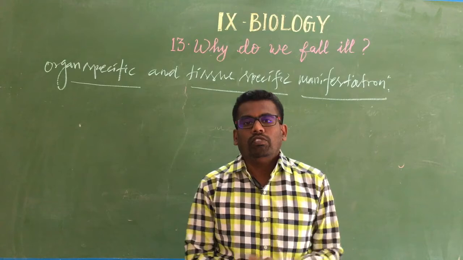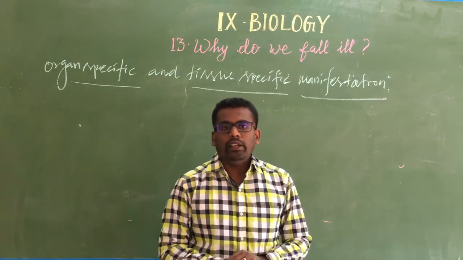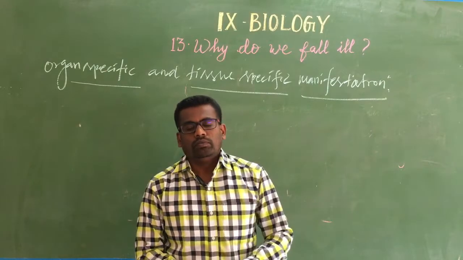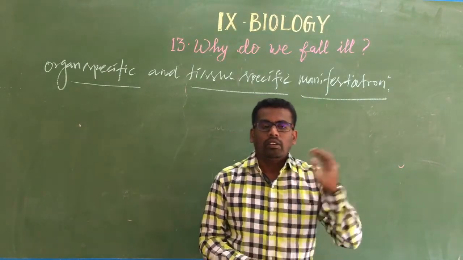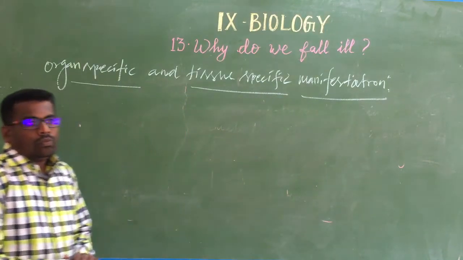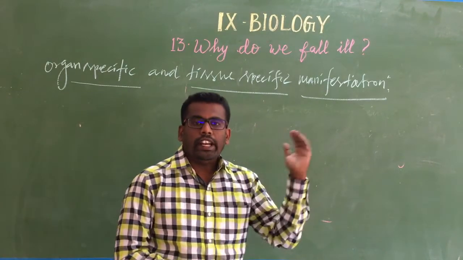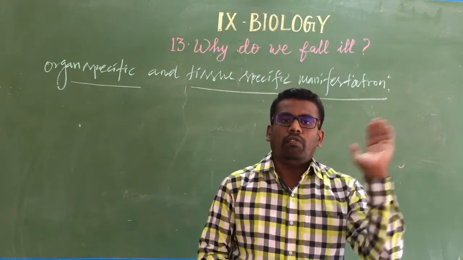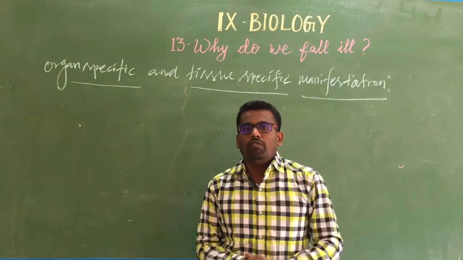After entering the human body, where do they go? After a microorganism enters the human body, where does it go? That we are going to see. The entry of the pathogen decides where it should go.